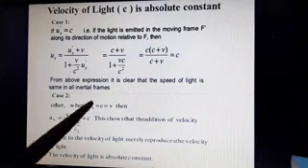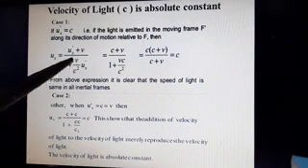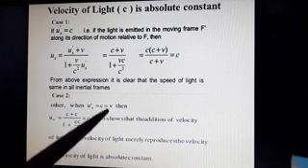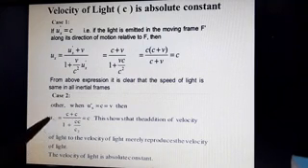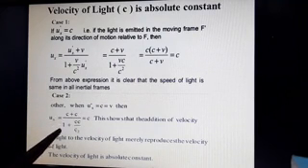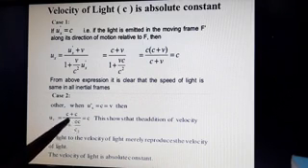Then by using again the equation ux is equal to ux dash plus v upon 1 plus v upon c square into ux dash, and putting ux dash is c and v is also c, we get ux is equal to c plus c over 1 plus c into c over c square. Ultimately, by taking LCM and after cancellation, we will get c.